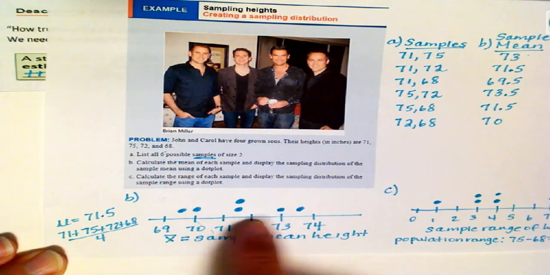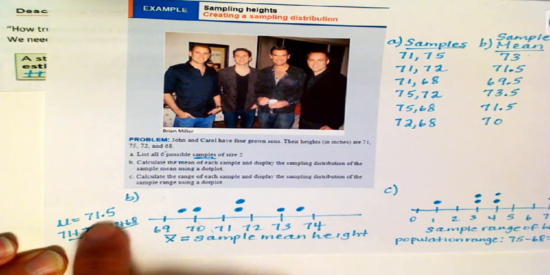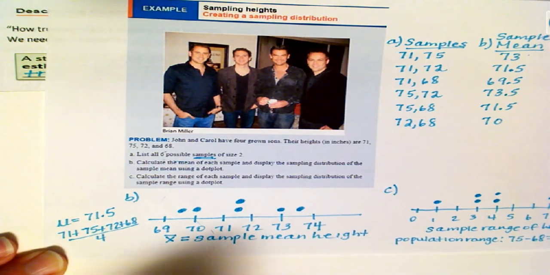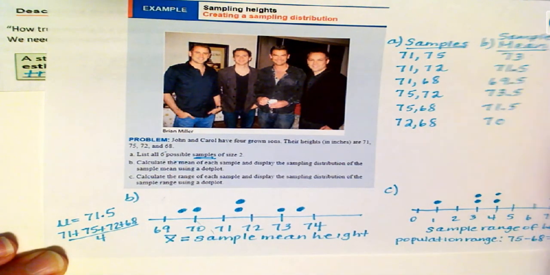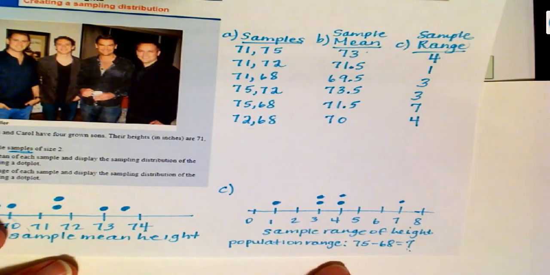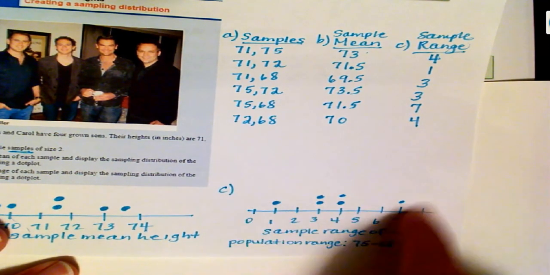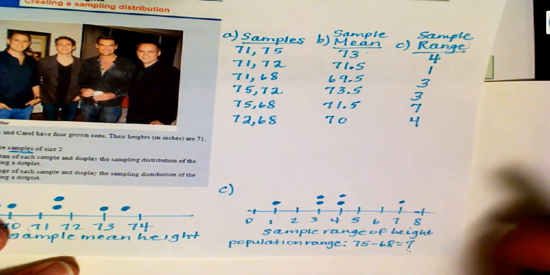Because if I took all of the sample means and averaged them, I got the exact mean of the population. That's what's called an unbiased estimator. Okay? This one is not an unbiased estimator, because if we averaged these up, there's no way that the average of those numbers is going to equal 7. Okay?